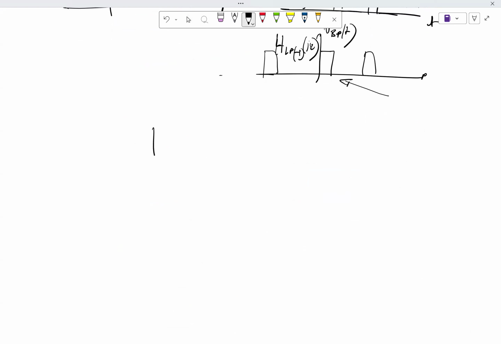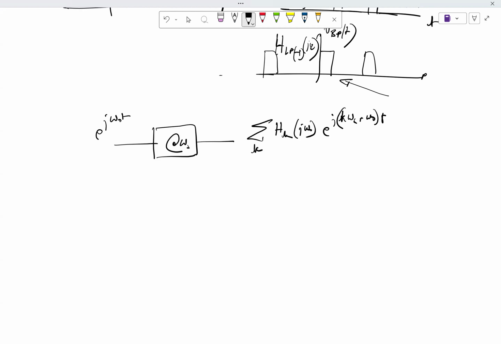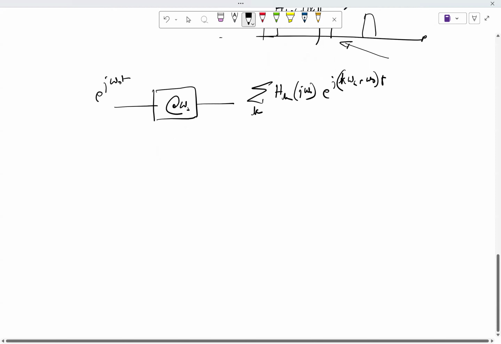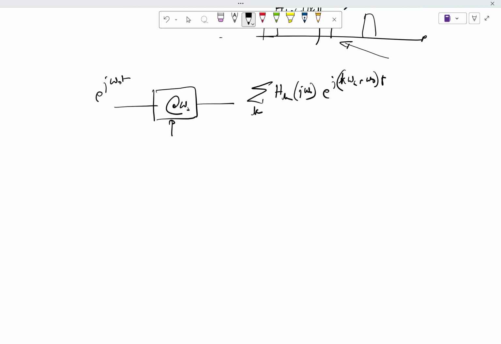If you have an LPTV system which is varying at omega s, and you have an input e^(j omega naught t), so naturally your output is H_k(j omega naught) e^(j(k omega s plus omega naught)t). And this varying at omega s happens because there is some internal variation that you are giving, right? It's not happening by default.